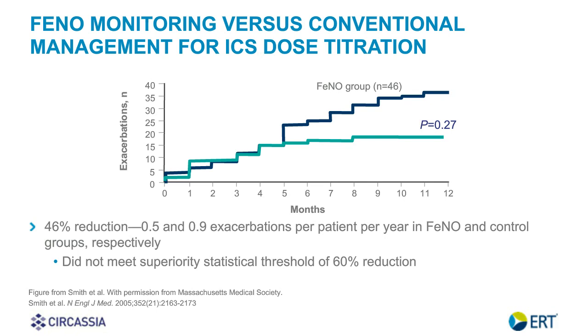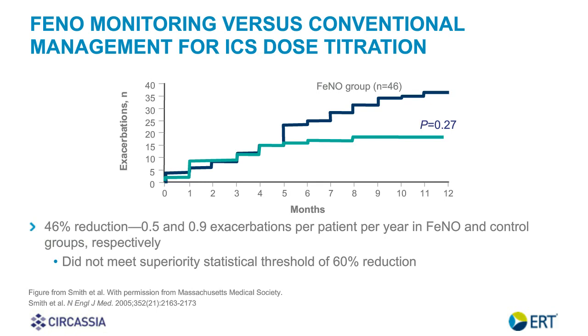And you can see here the FeNO monitoring versus conventional management for inhaled corticosteroid dose. Actually, the colors on this slide are reversed. I didn't realize this, but the FeNO should be the green, and the control group is the purple. There are a lower number of exacerbations when patients were managed by FeNO.